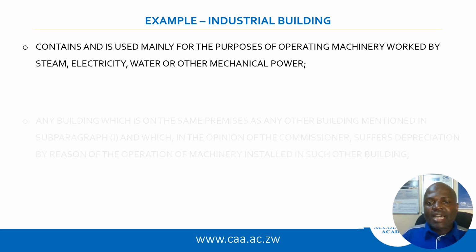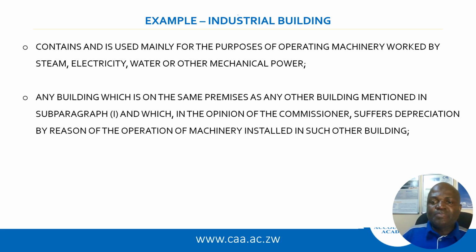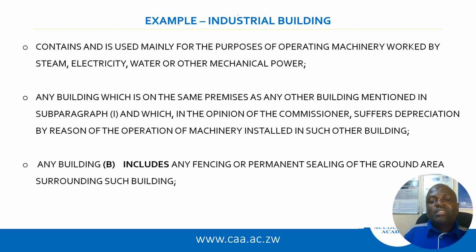And then it discusses if there are buildings attached to that building and suffering depreciation because of the operation happening in the main building housing this machinery. It lists so many other characteristics, which I've skipped here, that as a candidate or practitioner you must understand.